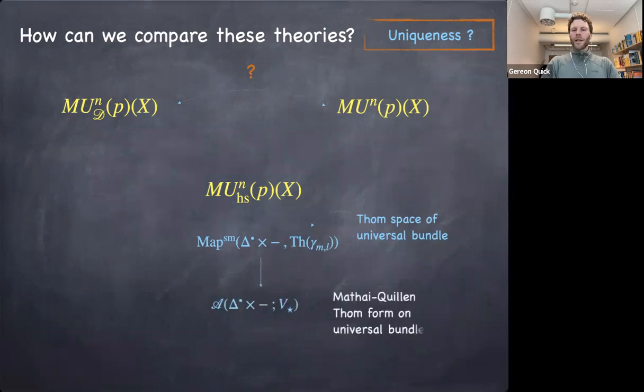Then on the Thom space, there are also Thom forms on this universal bundle. You could define them using the multiplicative formalism, or whatever choice you take for Thom form, and that gives you, by pulling back this Thom form, a map to these smooth forms. You have to take care of all kinds of compatibilities and make sure that smooth maps from delta dot into this work out. So there's a lot of things that you have to take care of, but this is the idea.